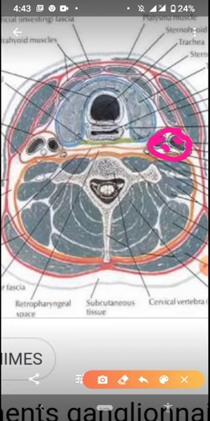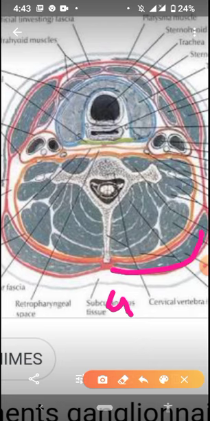So we have discussed everything about the deep fascia of the neck, and in it we discussed five things.